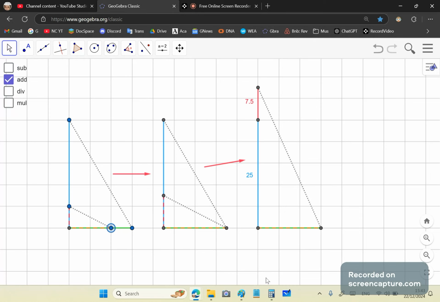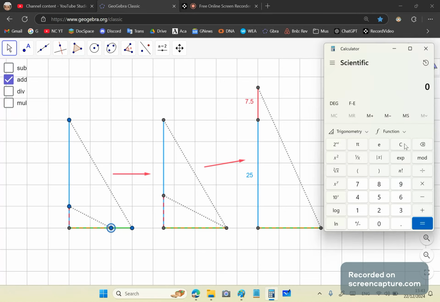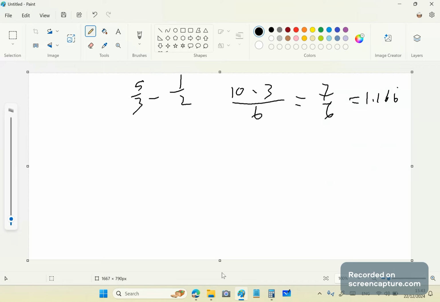And what you'd have to say here now is 25 plus 7.5, like that, divided by 15. Okay, and that gives you 2.166. And that makes sense, doesn't it? Because if you add these two together, you're going to get 13/6, and that's 2.166.